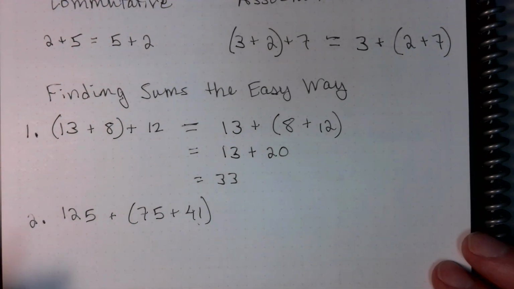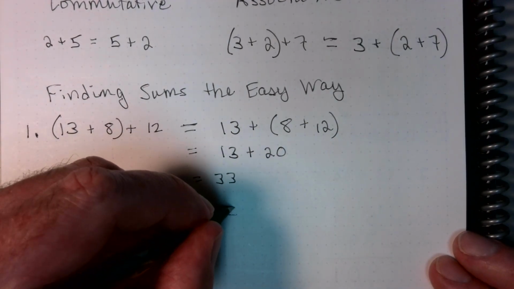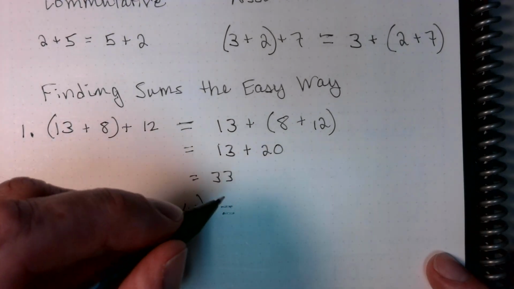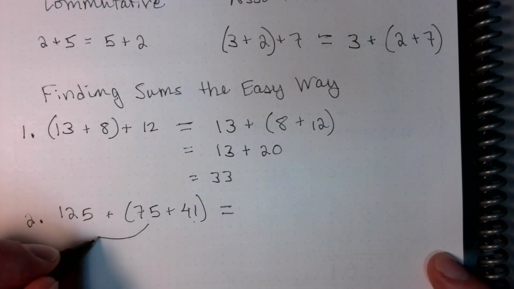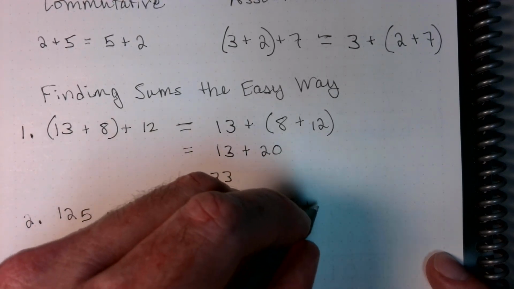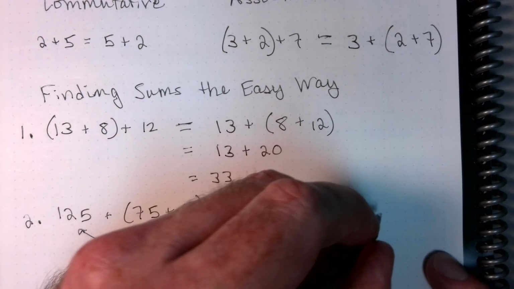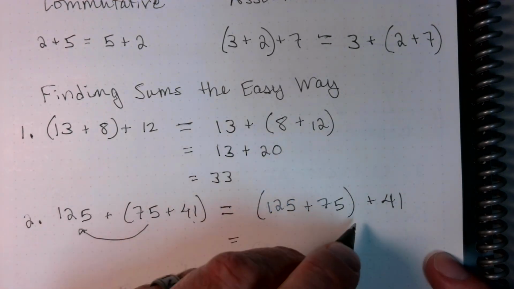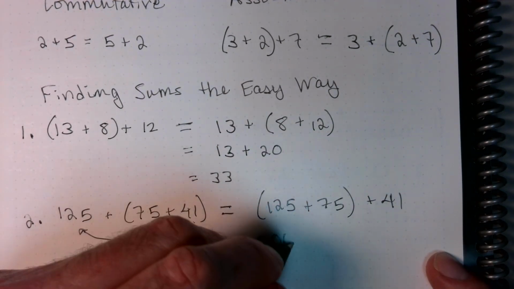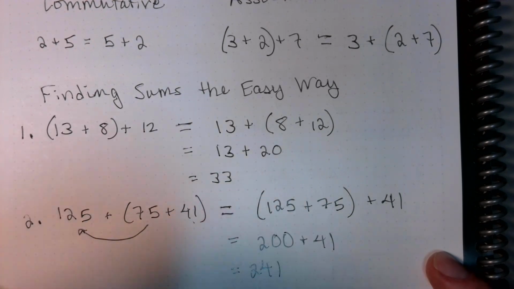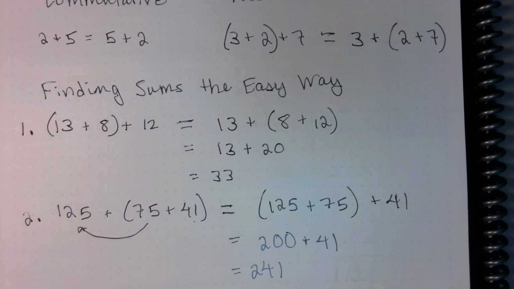However, if I look at this and realize that the 125 and the 75 combine together to give me 200, I know that if I add it this way, I can get the sum with no carrying. 125 plus 75 gives me 200, and of course 200 plus 41 is 241.